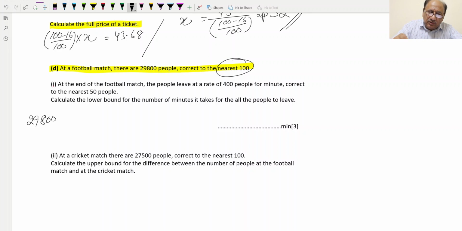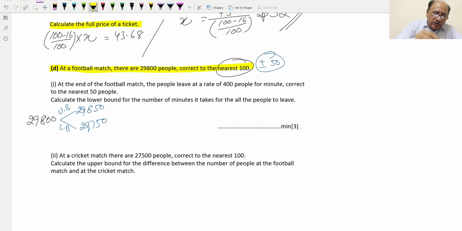So nearest 100 means what? Nearest 100 means plus minus half, so 100 by 2, which will be 50. So plus minus 50. This will be 29850, which is plus 50, and minus 50 will be 29750. So we got the upper bound and the lower bound.